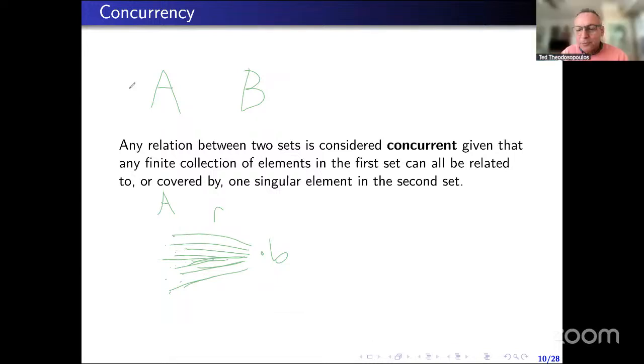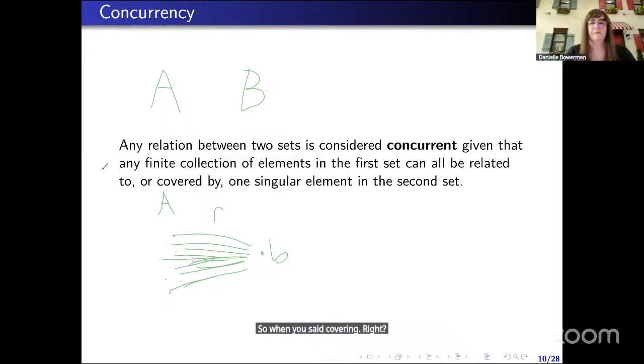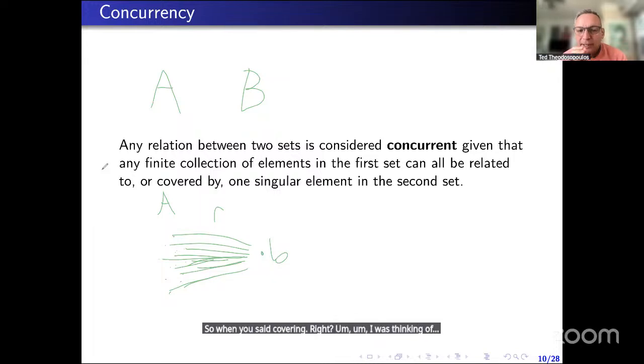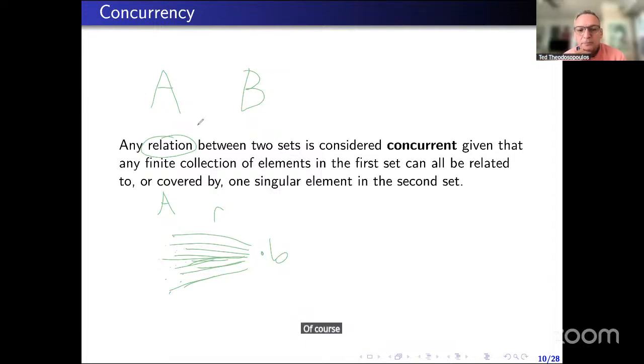Okay. Yes. No, sorry, I was trying to think how to articulate it better. When you said covering, is this a property of the two sets or of a mapping between them? Well, it's a property of the relation, but the relation only exists in the context of the two sets, because we view relations as collections of ordered pairs. Right.